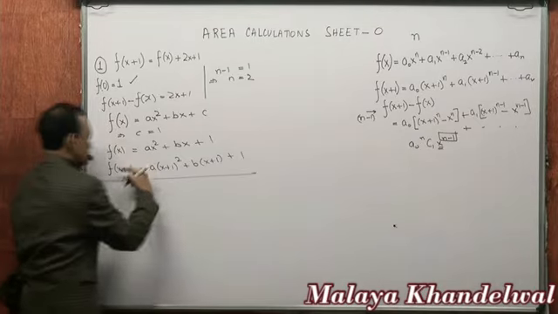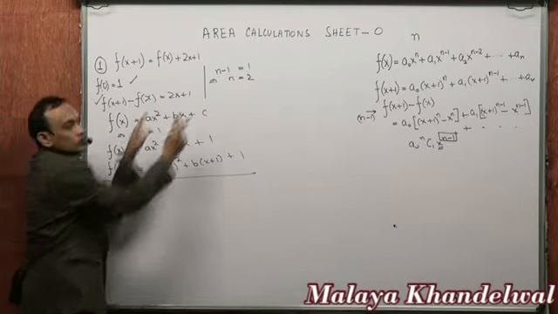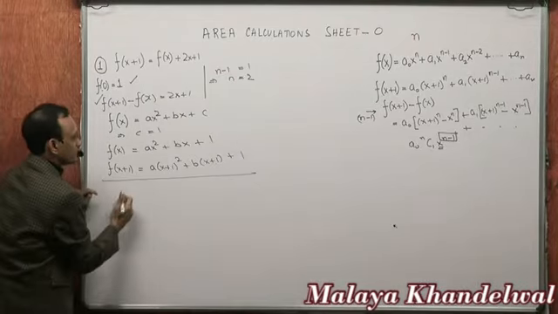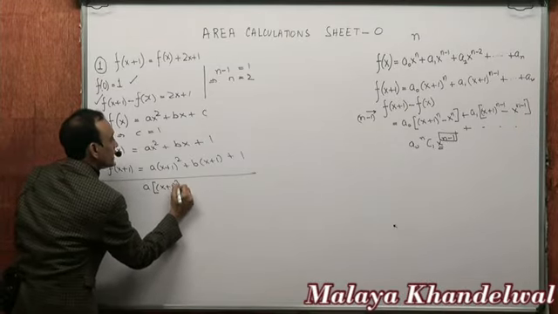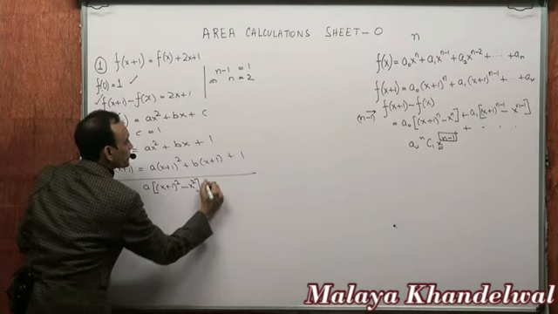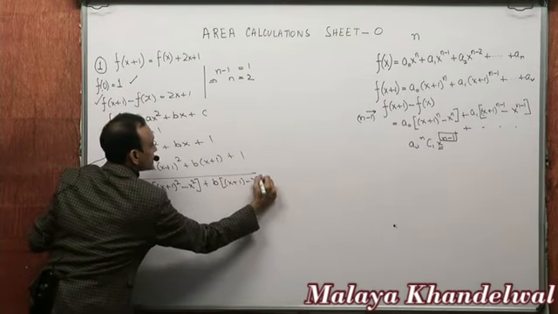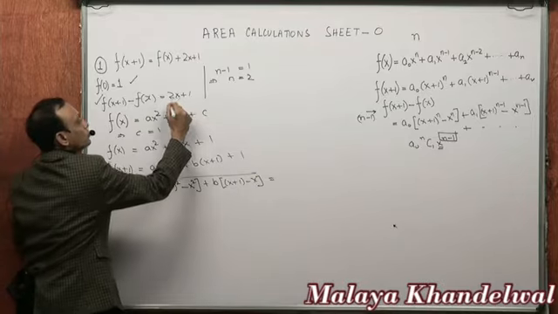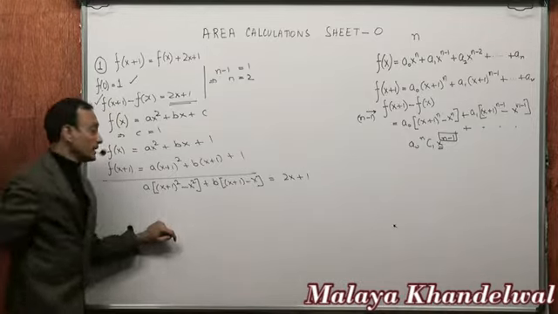Now if I take the difference, f(x+1) - f(x), and use this equation, I get a[(x+1)^2 - x^2] + b[(x+1) - x], and that must be equal to 2x+1.